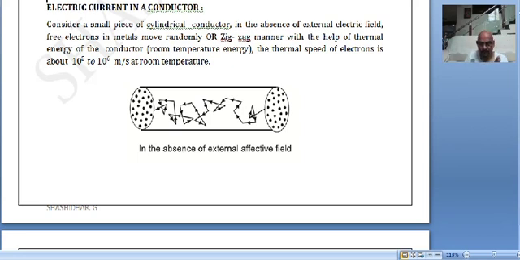You understood the point? So the net flow of charges in any given direction will be equal to 0.